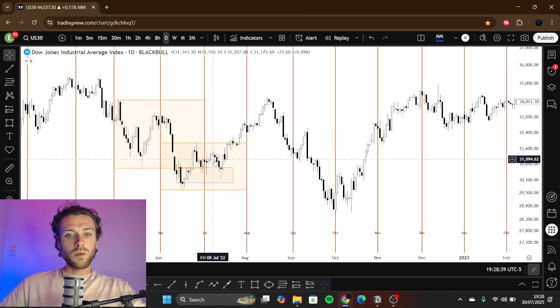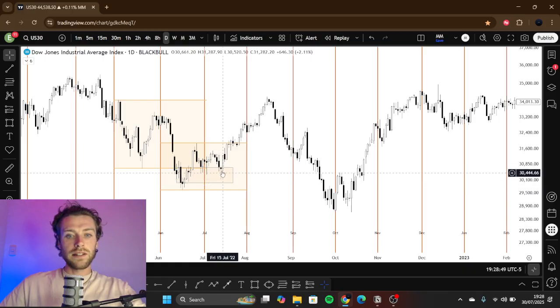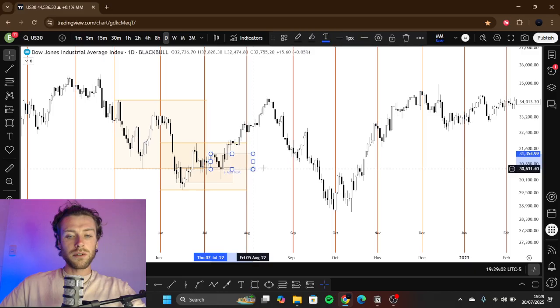So once we then go one, two, three closes into this area here, this is now a potential area where we can have a reaction from. And then once we get the reaction, boom, this is now our potential low of month locked in. So then this area here becomes our new potential low of month.